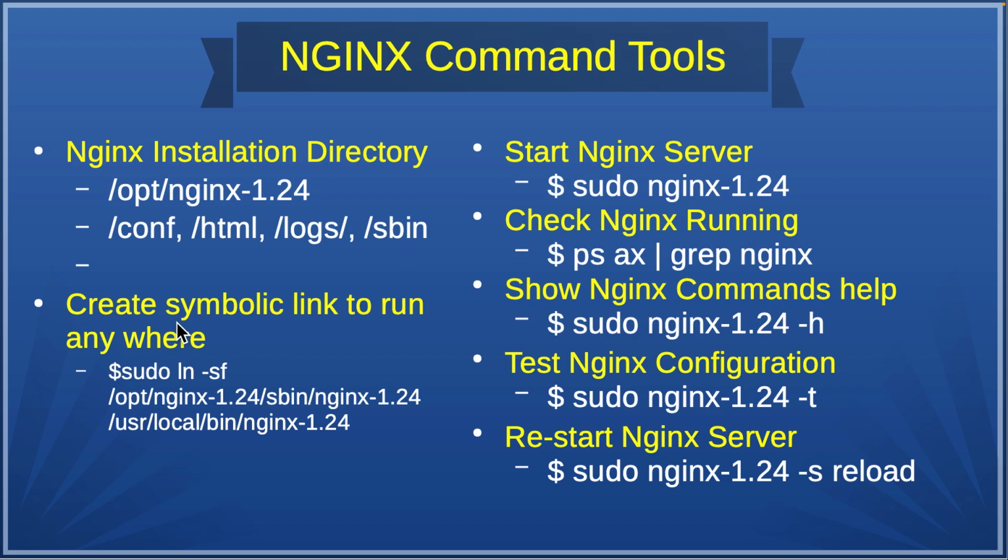And then you need to create a symbolic link to run it anywhere: sudo ln -sf /opt/nginx-1.24/sbin/nginx-1.24, which is the executable file, to /usr/local/bin/nginx-1.24, and you can run the nginx server with this command anywhere.